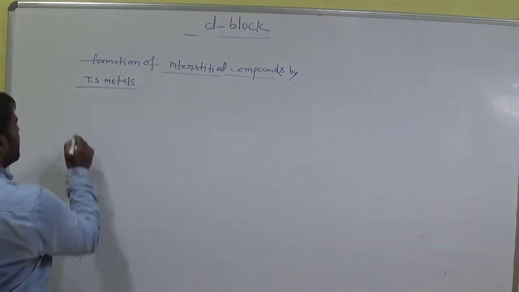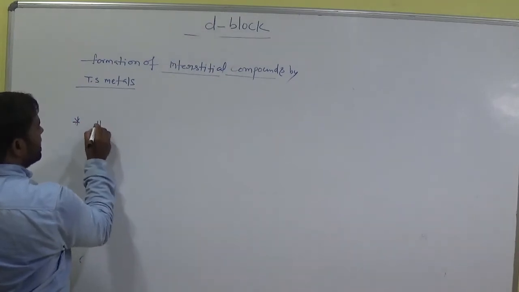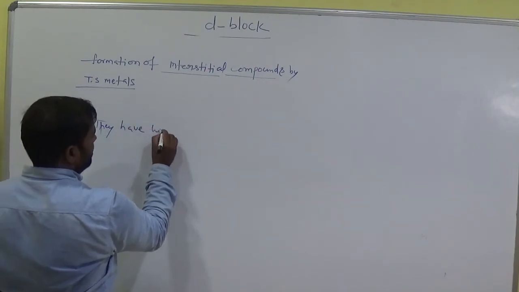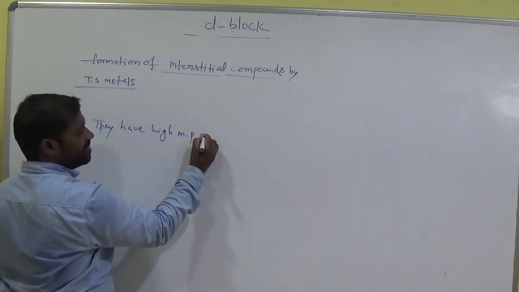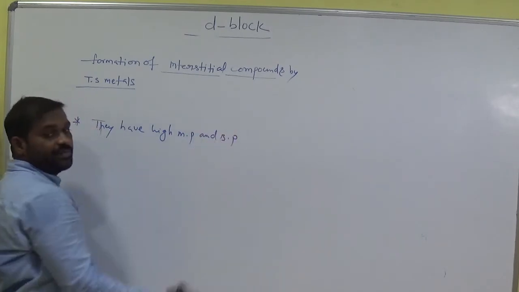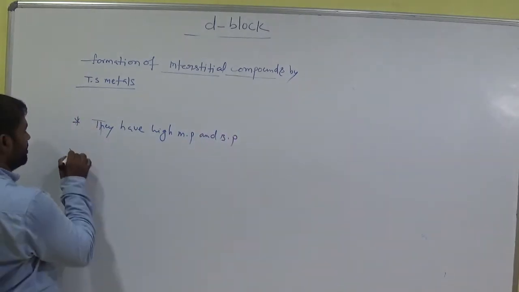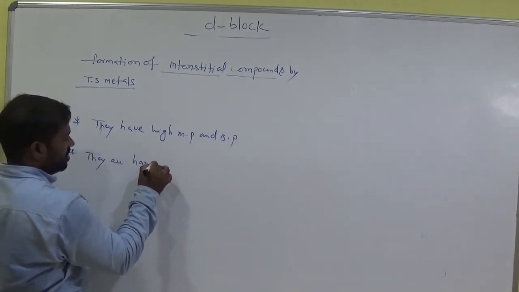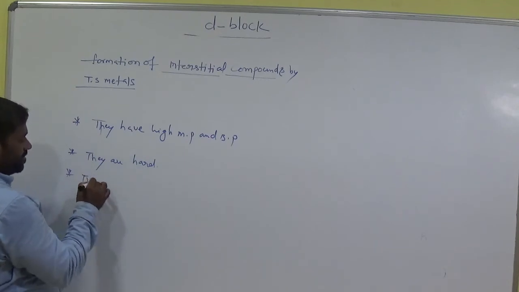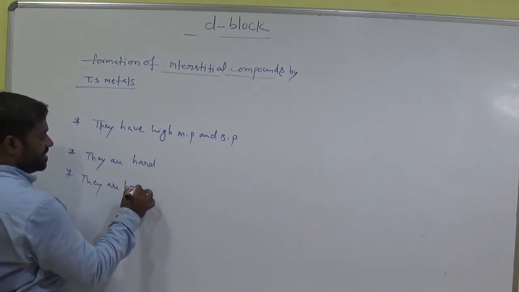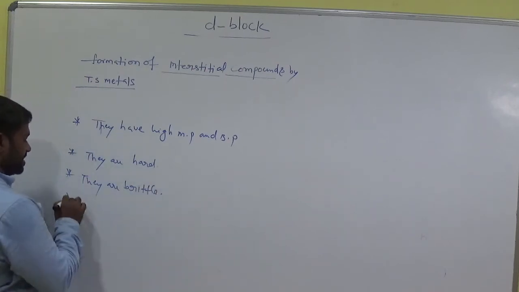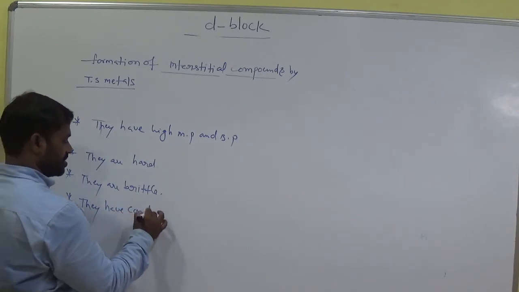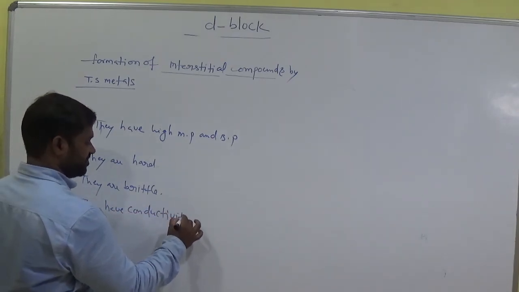And let's see, interstitial compounds have high melting point and boiling point. They are hard. They are brittle. They have conductivity.